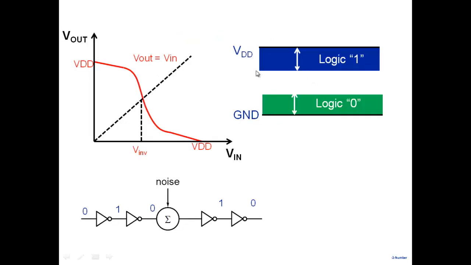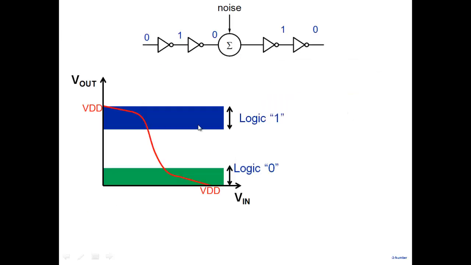So we see that we need a range of voltages that I will consider as 1, and a range of voltages which I'll consider 0. So look at this one. This is what I will consider as 1. Let's say this is what I consider as 0. So what we are saying is the following. Any voltage which lies between VOH and VDD we'll consider as 1. So we define a level VOH.